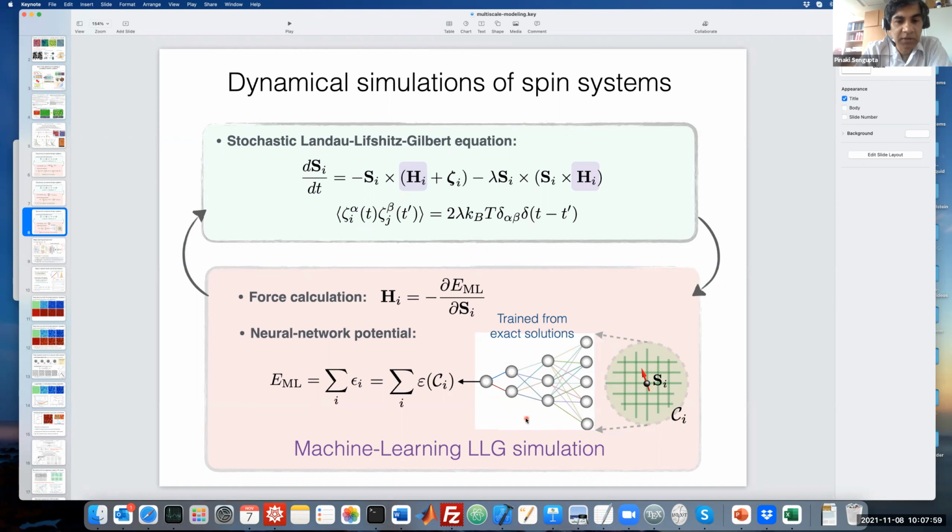I see. That was precisely what I was asking, that if I look at this blow-up of the spin, and as you say, somehow I can get all the parameters, then I'm effectively doing a classical simulation. Yes, exactly.